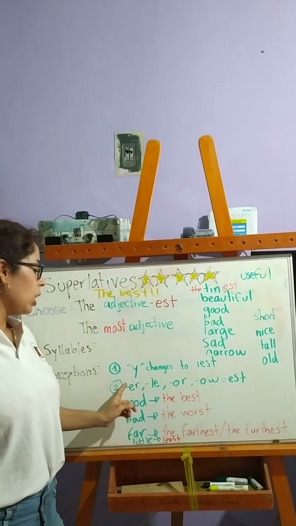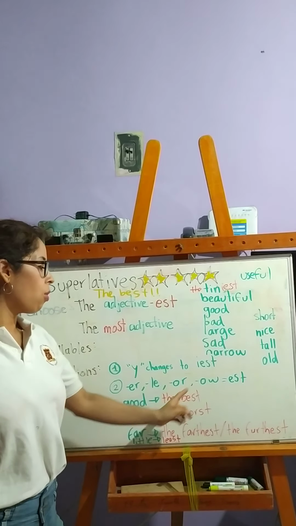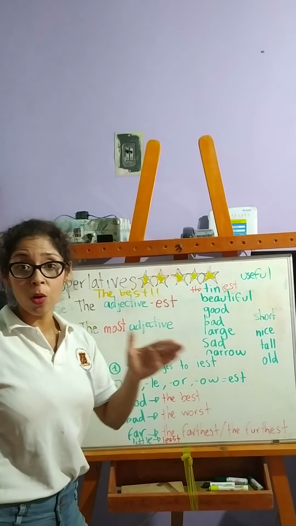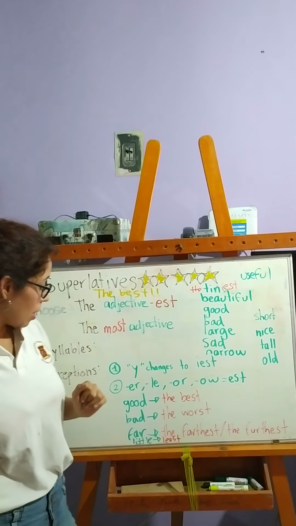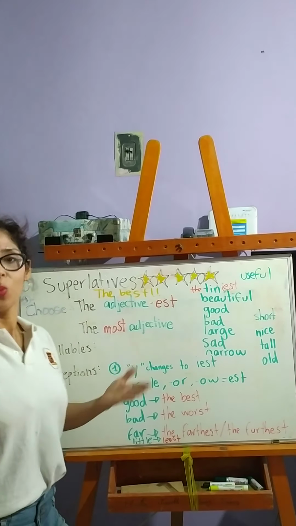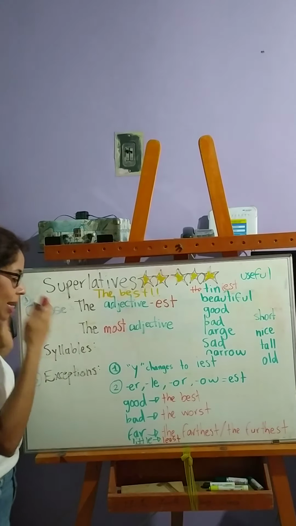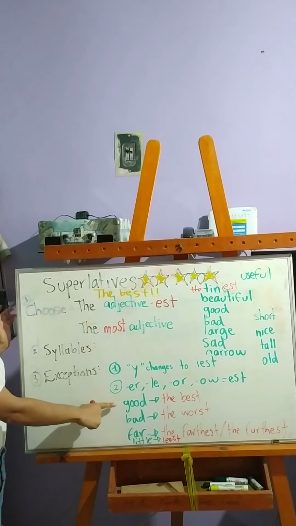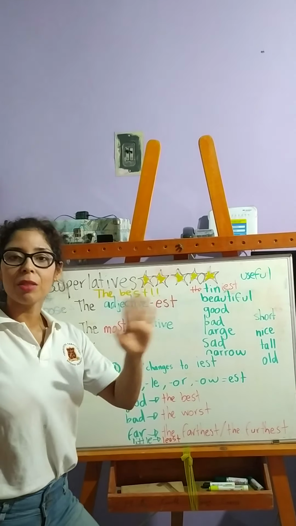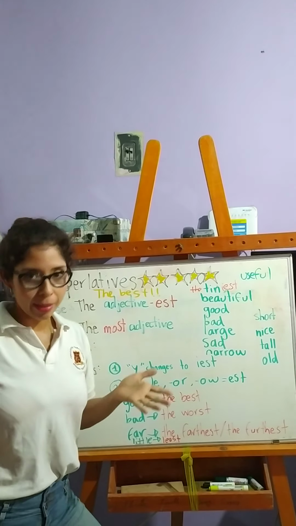If my adjective finishes in er, le, or o, they are going to finish with est. We are going to add est to the adjective. And of course, like in other languages, we have some exceptions. Here are some of the exceptions. Good becomes the best. My best friend is Laila. That is an example.